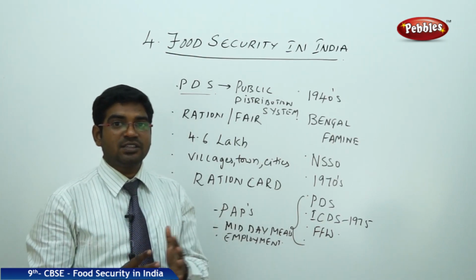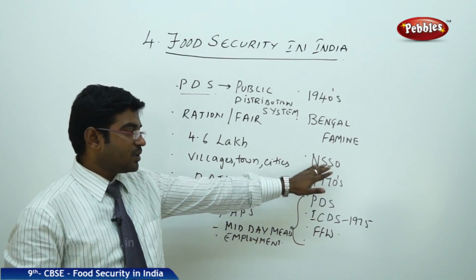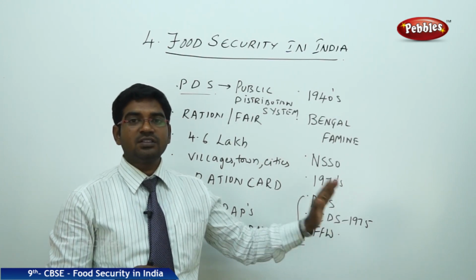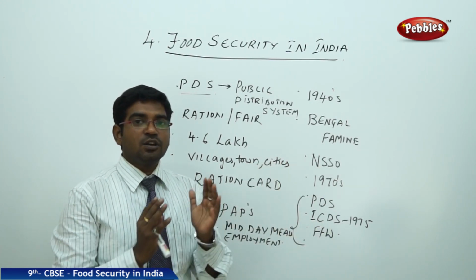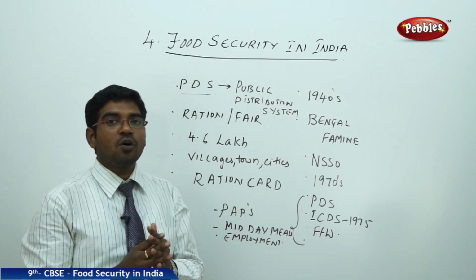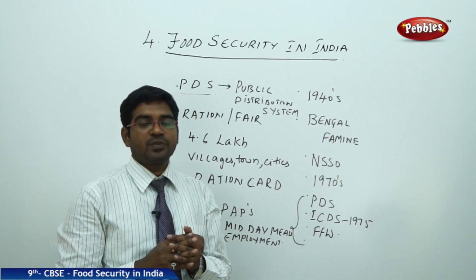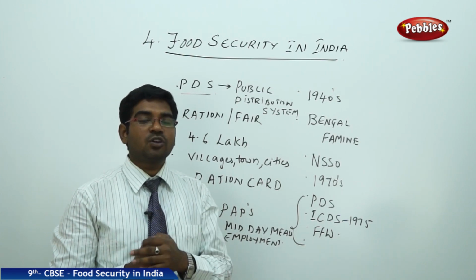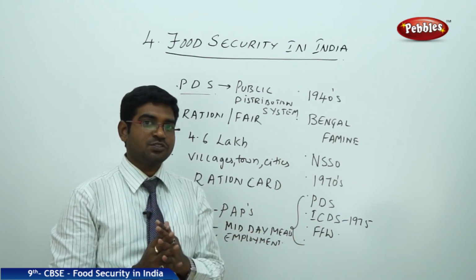As per the statistics given by the National Sample Survey Organization in the 1970s, India was still a poverty-hit country. 26 crore people were still suffering with poverty and 23 crore people with malnutrition.